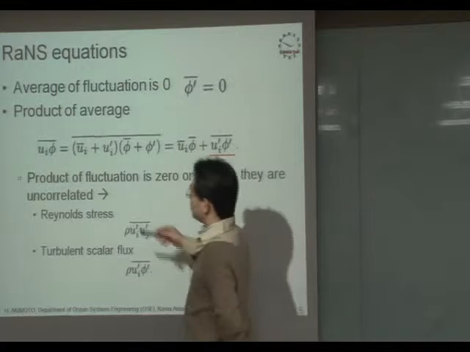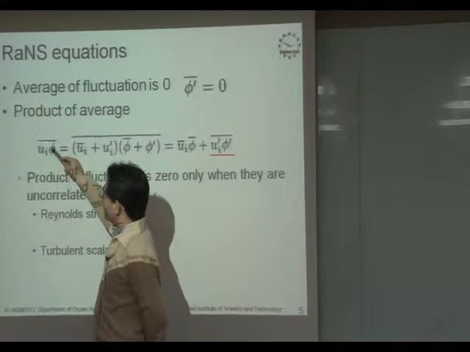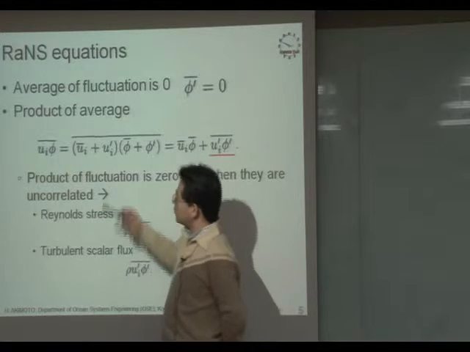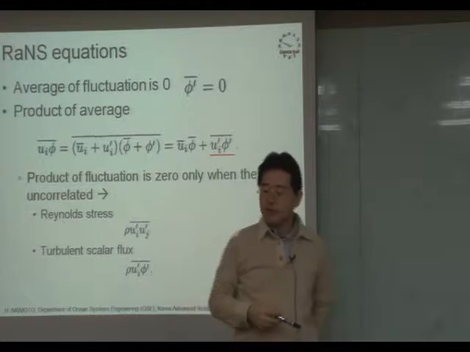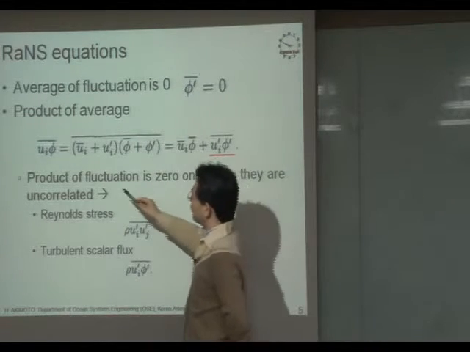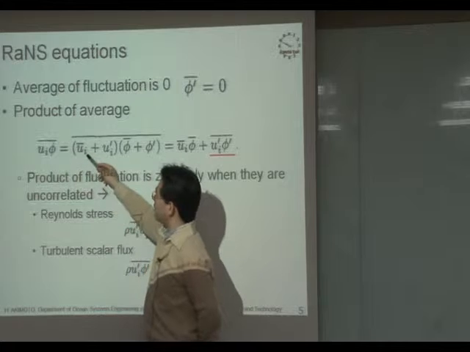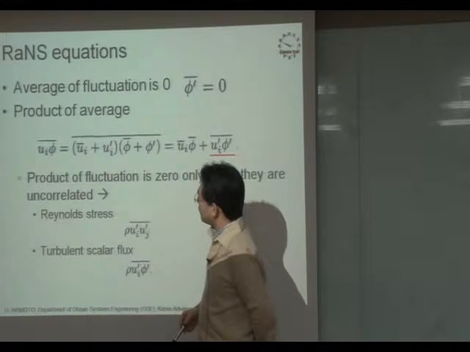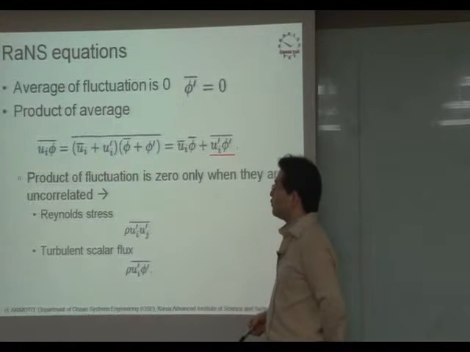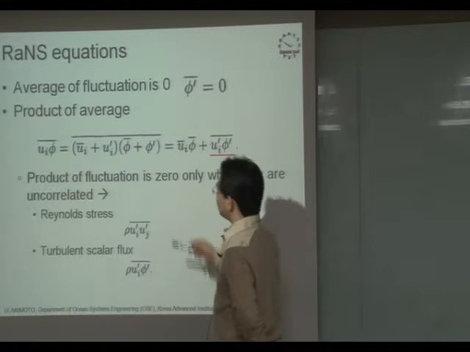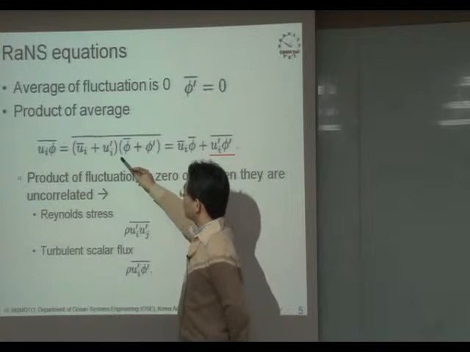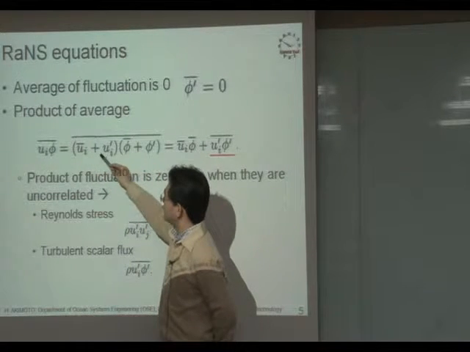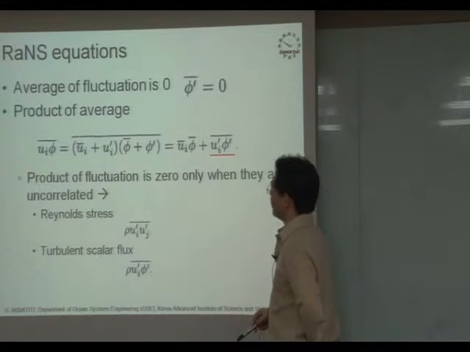You can imagine pressure or density or any other materials in the flow field. Since it is in turbulent flow, both these components have steady part and fluctuation part. So the average of the product will be like this. You can easily calculate the product of these four components.